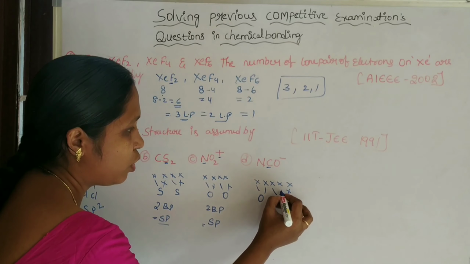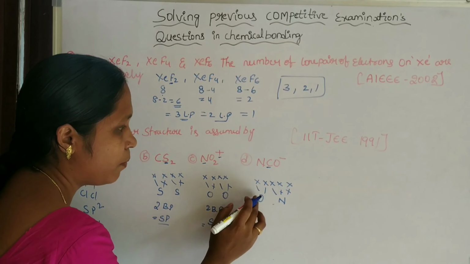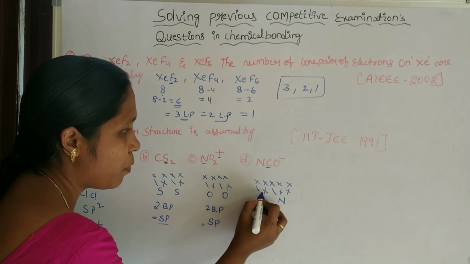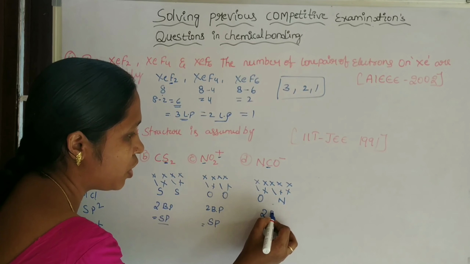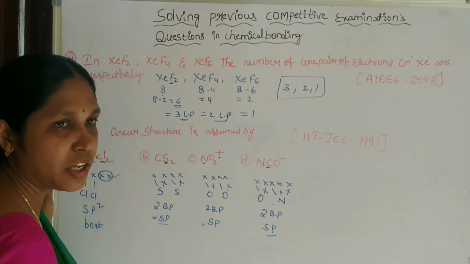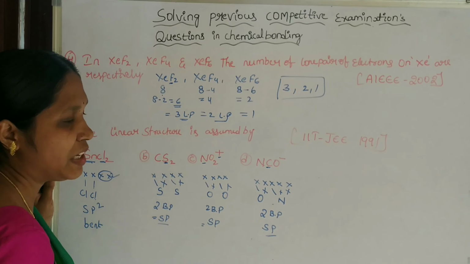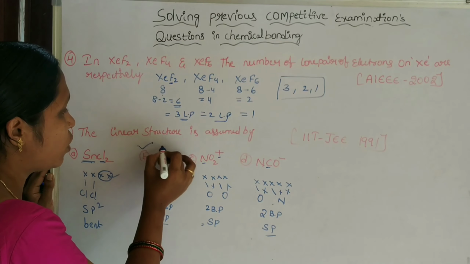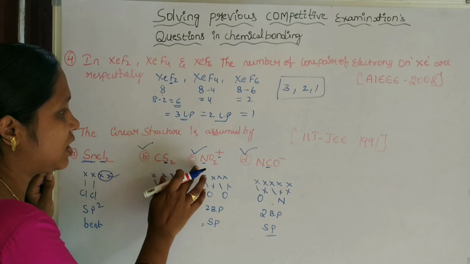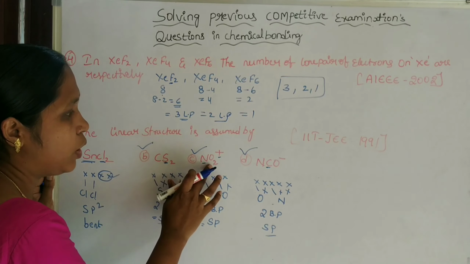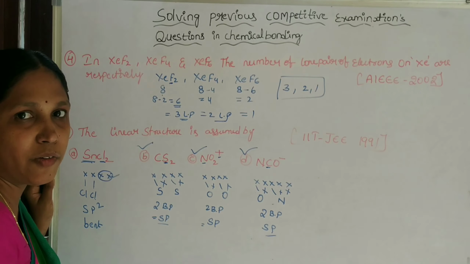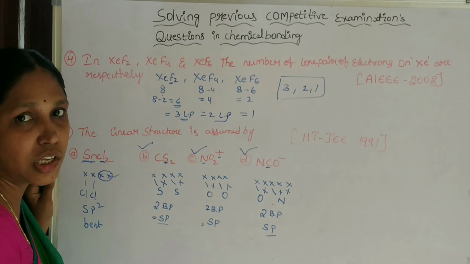Of those, 2 are pi bonds and 1 is sigma, and oxygen forms 1 sigma and 1 pi. So how many sigma bonds are there? 2, meaning 2 bonded pairs. Here also the hybridization is sp and the shape is linear. This question has more than one correct answer: B, C, D, that is CS2, NO2 plus and NCO minus. These 3 molecules have the same structure, which is linear.